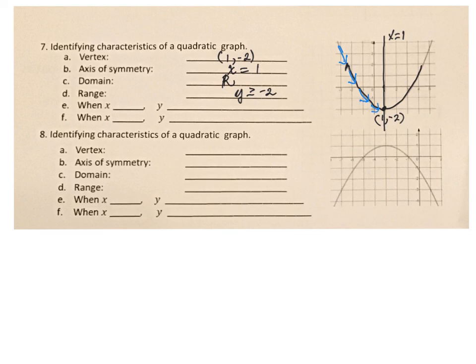So we say when x is less than 1, then y is decreasing because the graph is moving down. When we start at 1 and move to the right, the graph is rising, so it's increasing. So we say when x is greater than 1, y is increasing.